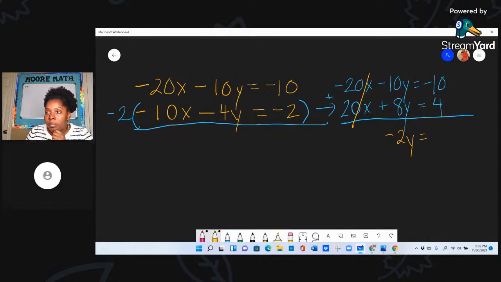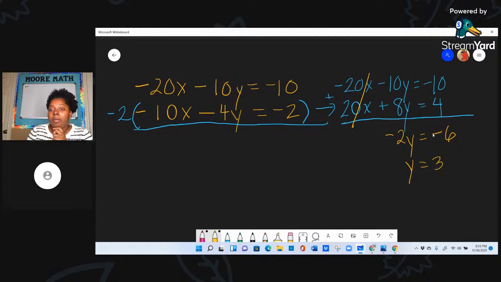Your mic keeps muting. Unmute your mic. There it is. Okay. So you said negative 10y plus 8y is negative 2y. Keep going. And then negative 10 plus 4 is negative 6. Good. And then y equals 3.